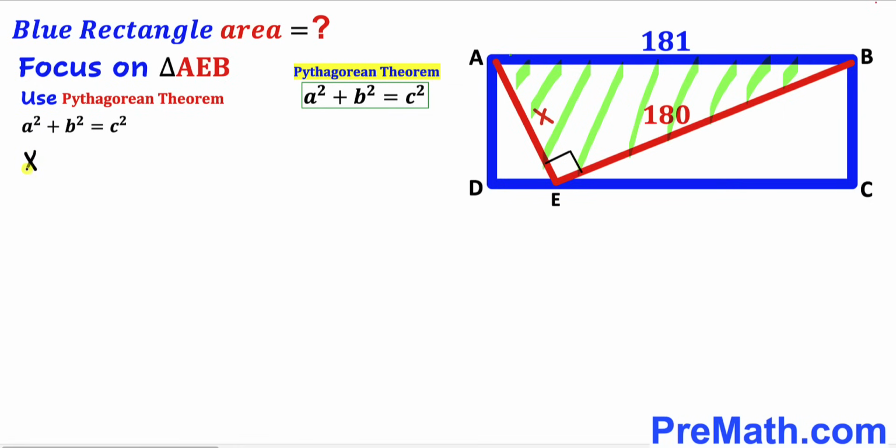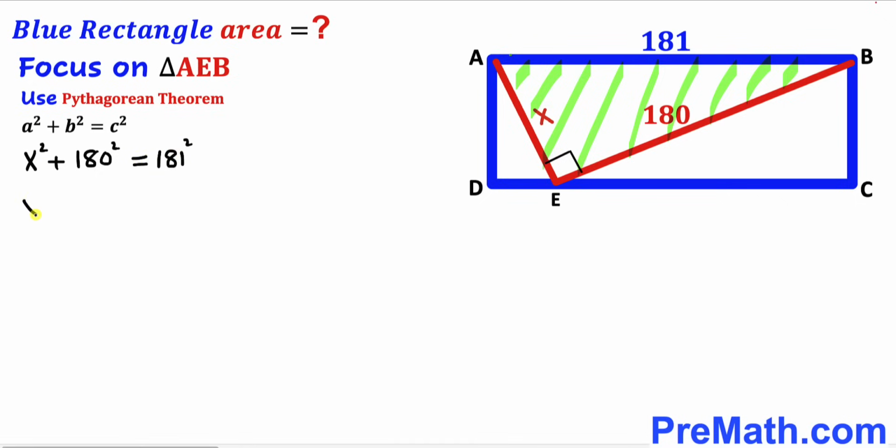So we got x squared plus 180 squared is going to be equal to 181 squared. Let's simplify. We're going to get x squared plus 32,400 is going to be equal to 32,761.